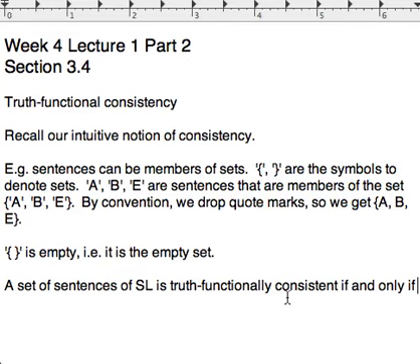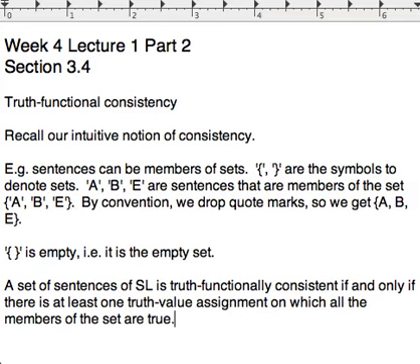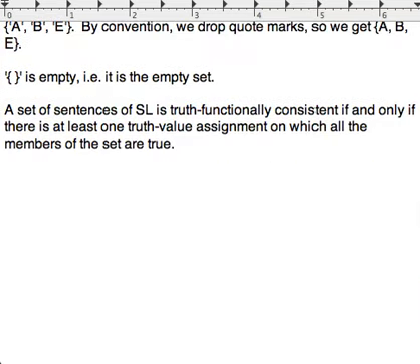So a set of sentences of SL is truth functionally consistent if and only if there is at least one truth value assignment on which all the members of the set are true. So let's go over an example of this.